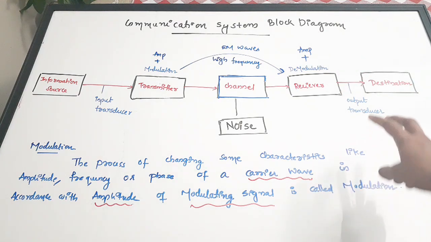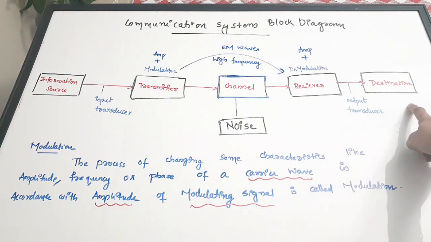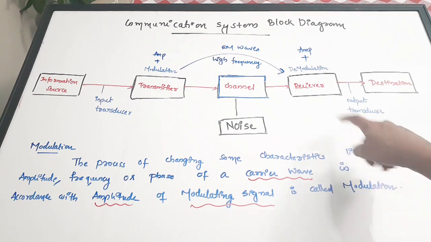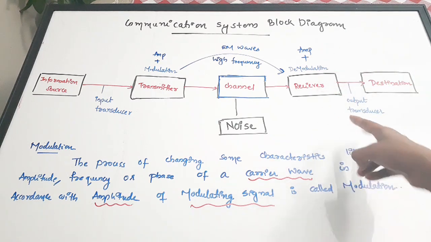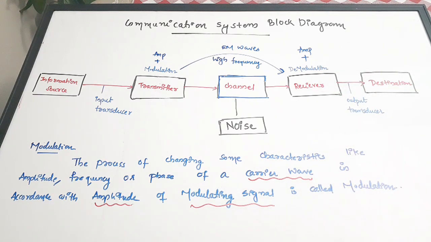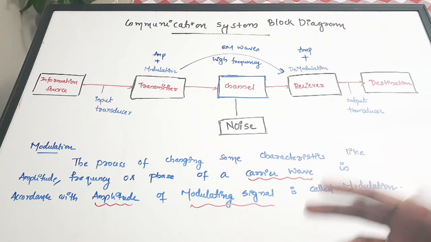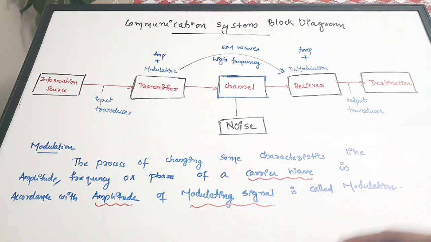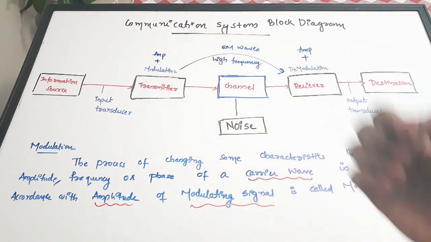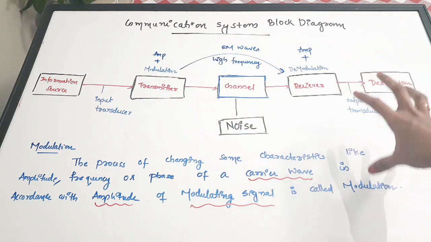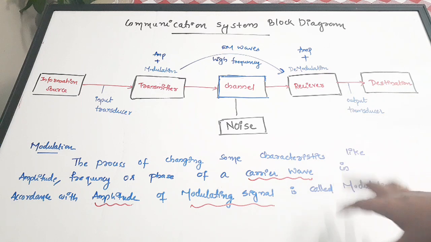Before giving to the destination, we need to recover our original information. So we use an output transducer. The output transducer will produce our original information, whether it is text or audio or image or anything. Whatever information was sent by the information source, it will try to transduce back.